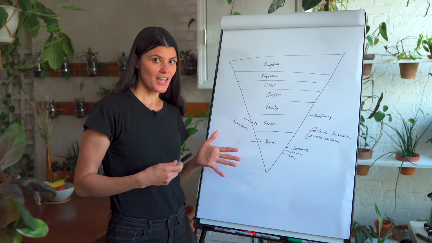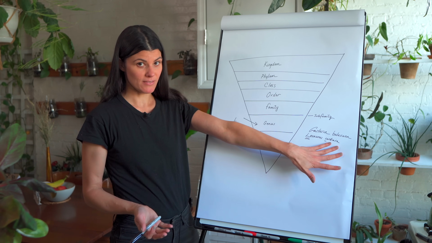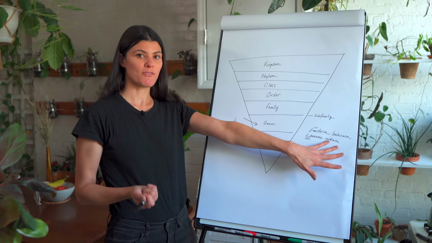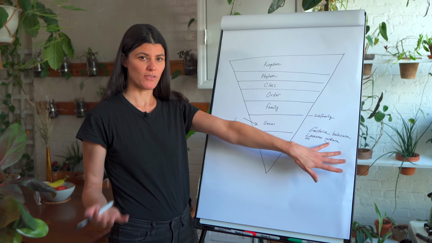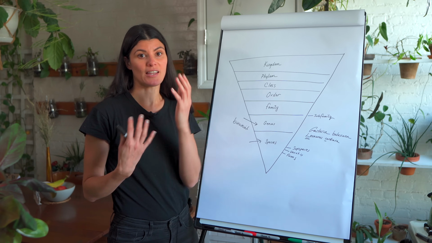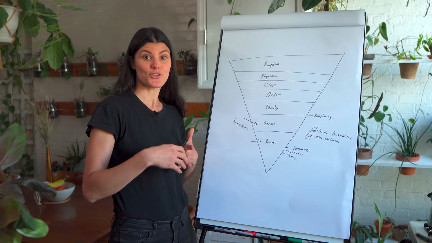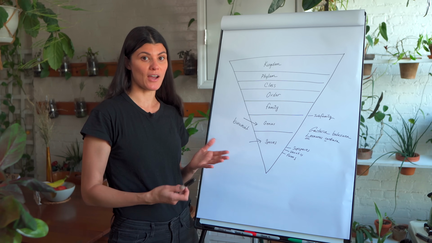So sometimes species names are also named after a person. And when it's named after a person, usually the person who found the plant or is a friend of the person who found the plant, that becomes a Latinized name. Or occasionally the species name refers to a place where that plant was found.